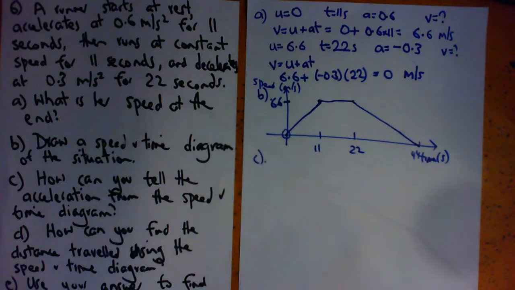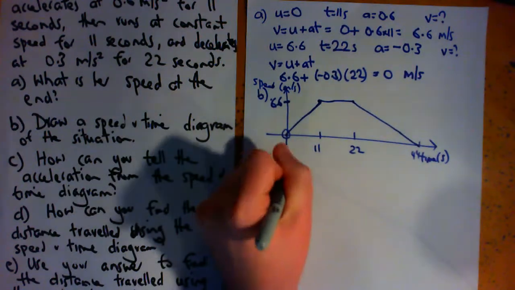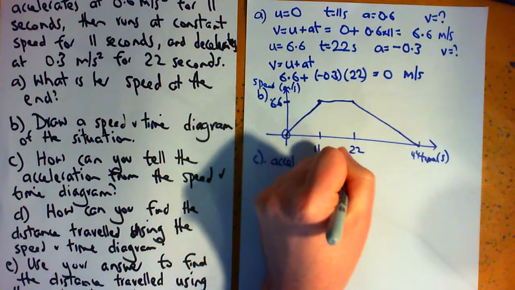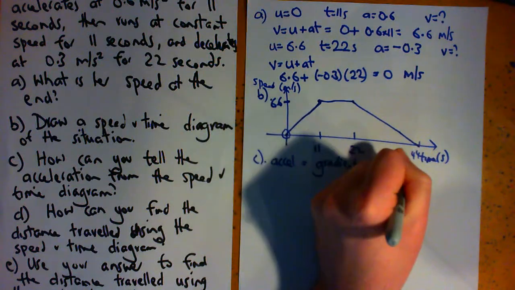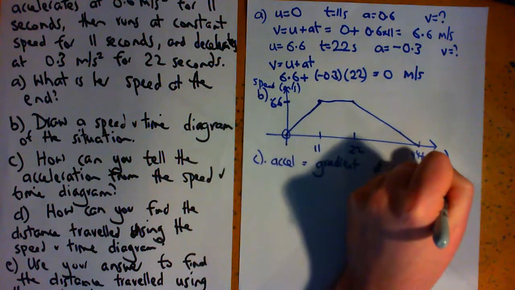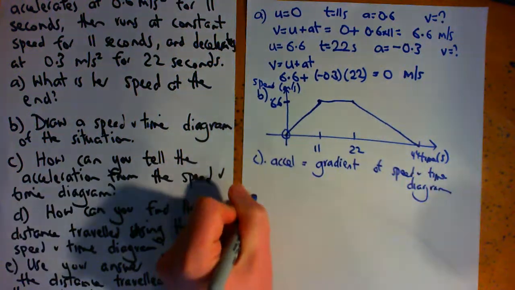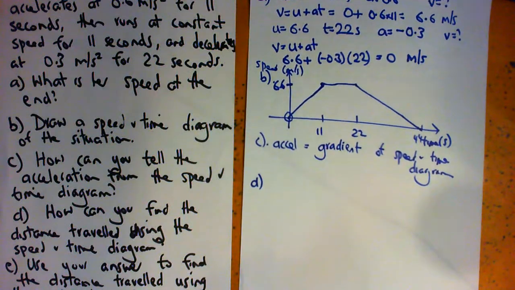Part C, how can you tell the acceleration from the speed versus time diagram? The acceleration is the gradient or the slope of the speed versus time diagram. And part D, how can you find the distance travelled from a speed versus time diagram?